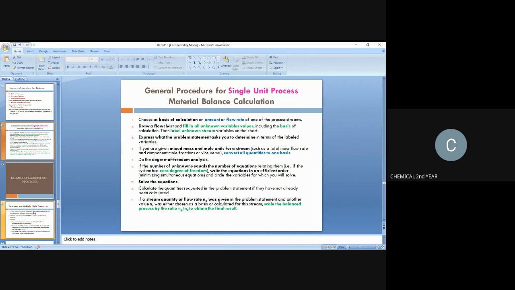Calculate the quantities requested in the problem statement if they have not already been calculated. If a stream quantity or flow rate was given in the problem statement and another value was neither chosen as the basis nor calculated for the stream, scale the balanced process by the ratio Ng by Nc to obtain the final result.